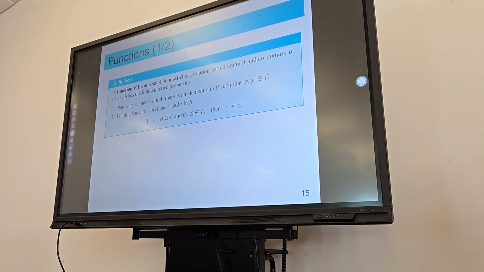So by this definition, the square root is not a function, because for all positive real numbers, the square root of a number is both positive and negative. It has 2 results. So the square root of 4 is 2 and negative 2.